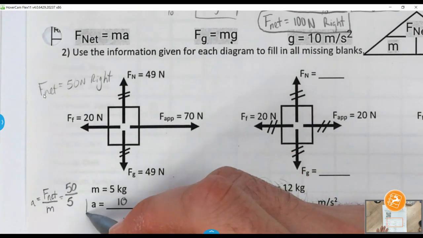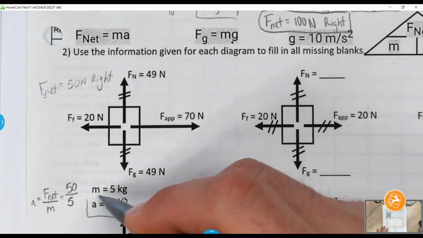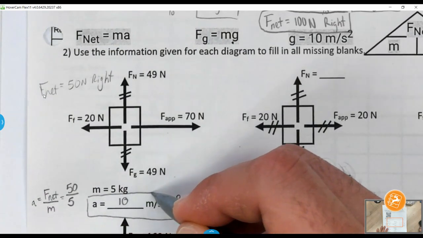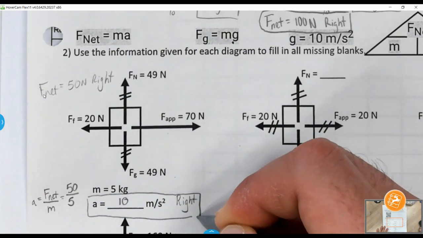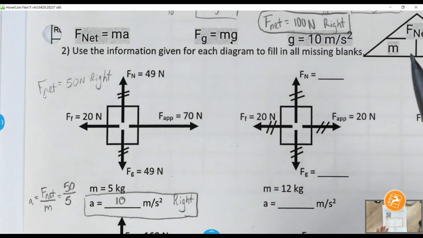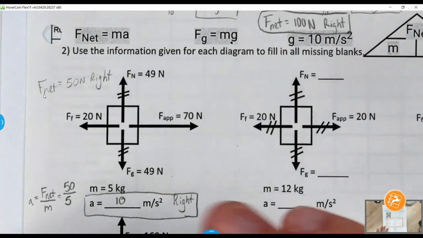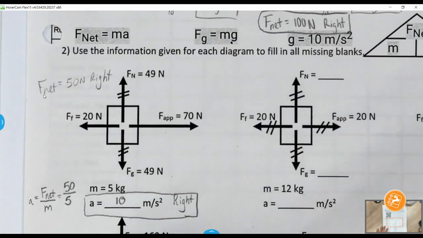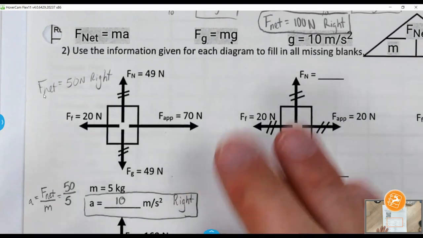And why? Because acceleration is always in the direction of your net force. So if you need to write that down at the top, that'd be good. Let's just write it.